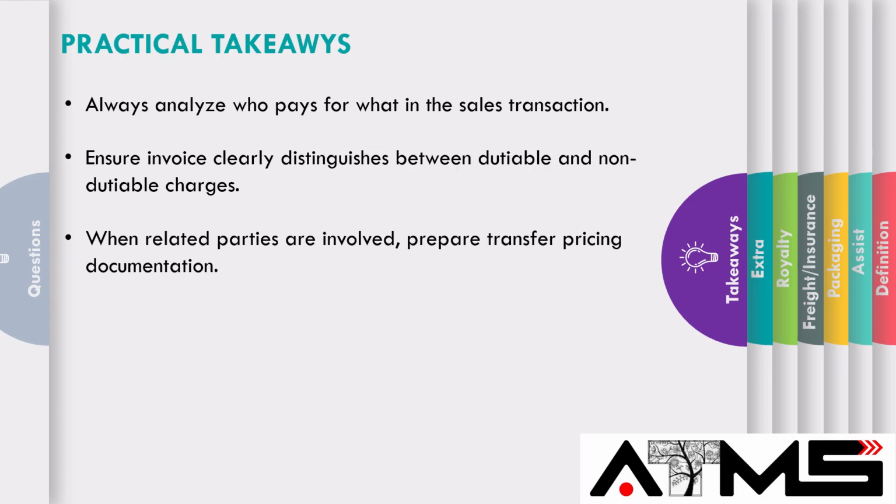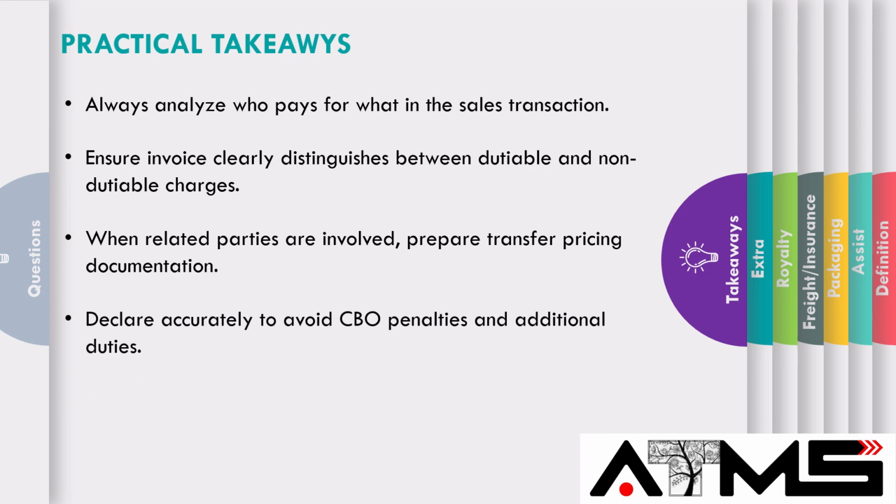For related party transactions, such as between a parent company and its branch, ensure transfer pricing documentation is properly prepared, as they cannot be random numbers. Report all information accurately to U.S. Customs to avoid penalties or additional duties.